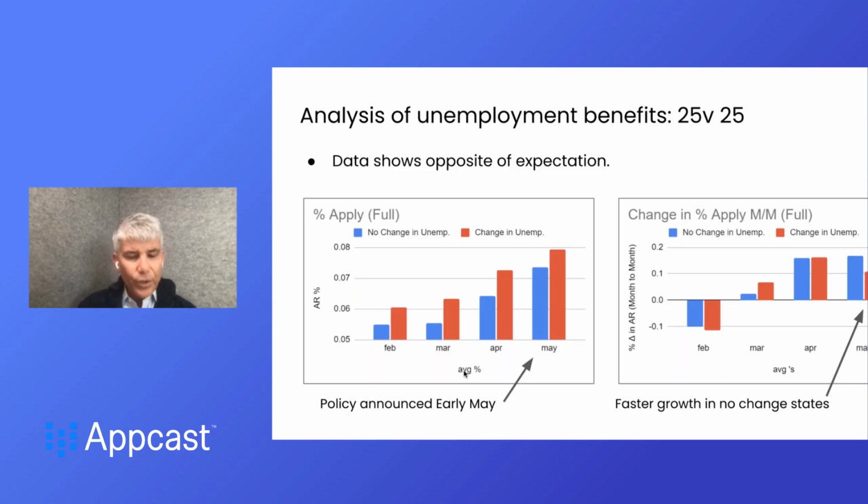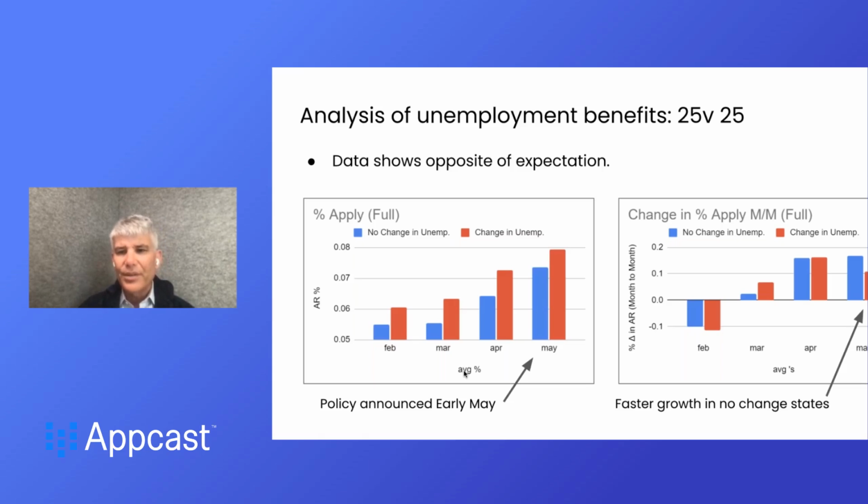But what's super goofy is that we went back in time and found out that those 25 states that suspended the additional federal unemployment always, as a group, have higher apply rates than the states that are continuing to pay it. So then we said, maybe the question is, what impact did the suspension of the benefits have on the rate of change?